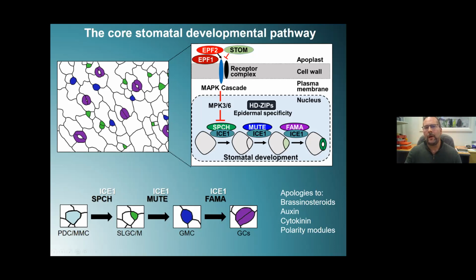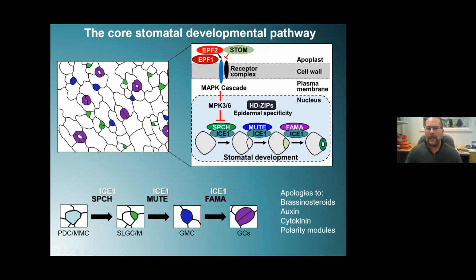And they perceive these extracellular cysteine-rich EPIDERMAL PATTERNING FACTOR peptides. And I'm just showing you here EPF1 and EPF2 and stomagen. And we'll come back to stomagen in the middle of the talk.